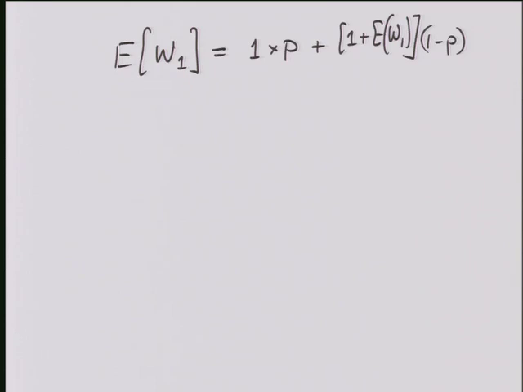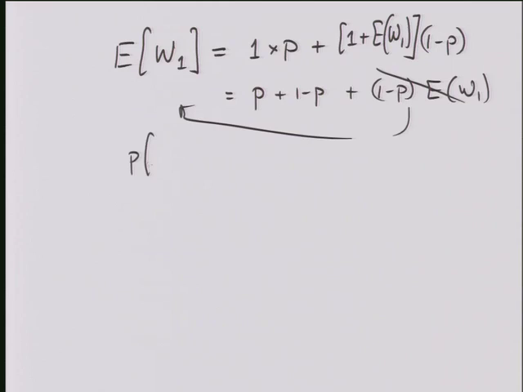So now let's compute this. This is P plus (1 minus P) times (1 plus expected value of W1). You move that to this side, you get P times expected value of W1 equal to 1. So expected value of W1 is 1 over P.